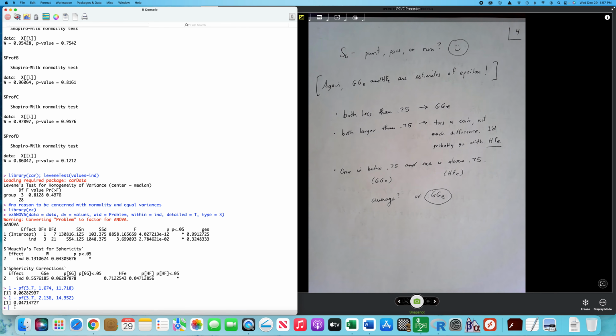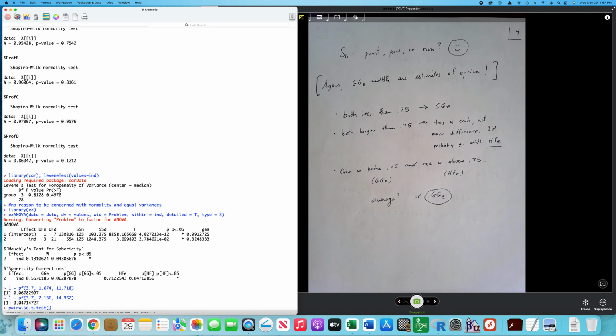Now, and this is even going to get wackier, even though our model is not statistically significant in the presence of the violation of sphericity, I would probably go ahead and still run a post hoc test on this.